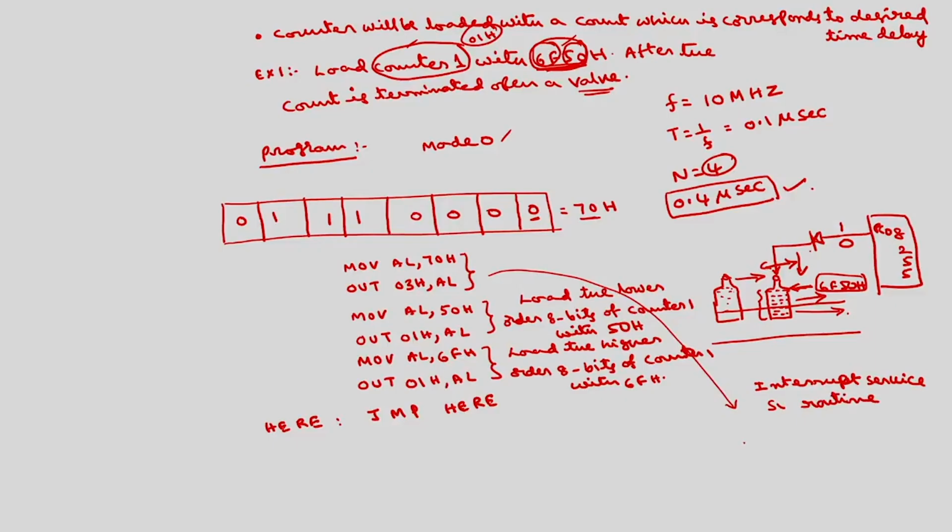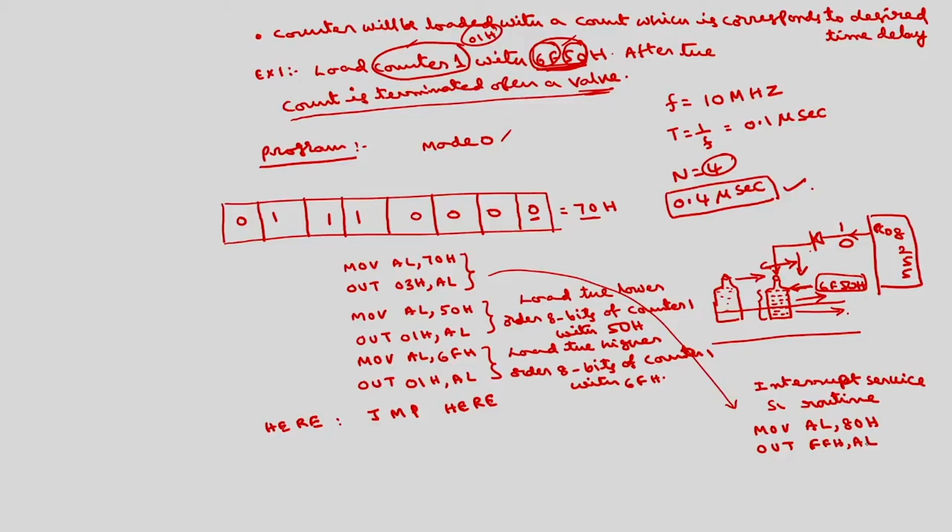Here what is the program that I have to write? So, I want to open the valve, which is connected to PC0. So, what are the instructions? MOV AL, because I want to program this PC0 as output port. So, we can use 80H to program all the ports as output ports, OUT FFH, if I assume the same addresses, FFH comma AL.